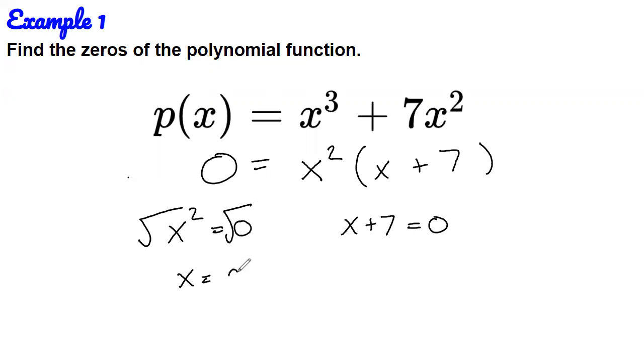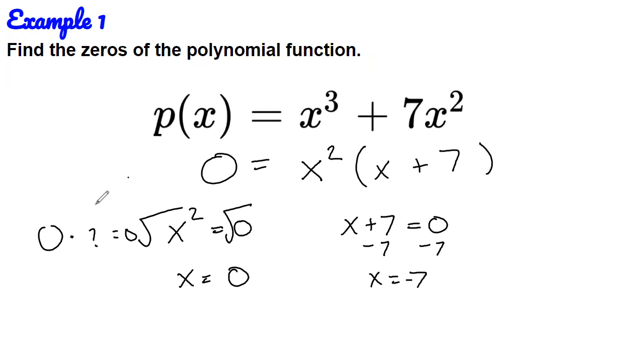Therefore, x has to equal 0. And over here, we subtract 7. So therefore, x equals -7. However, in order for us to state that x squared equals 0, we know that 0 times what is going to equal 0?